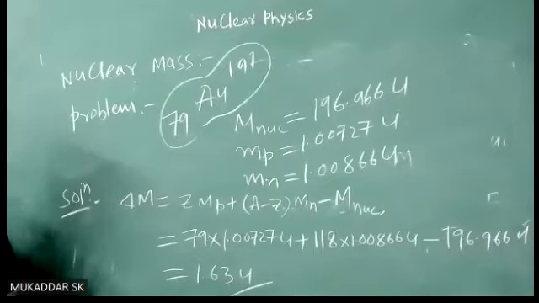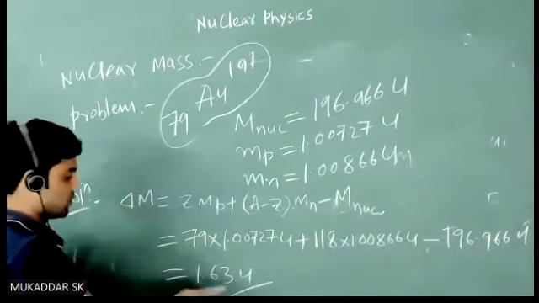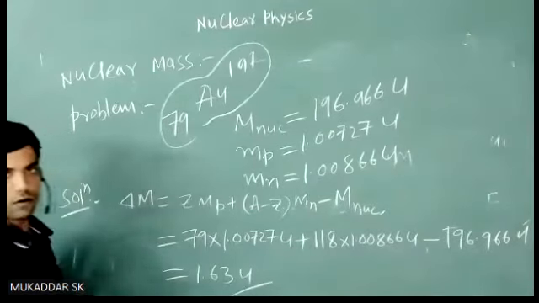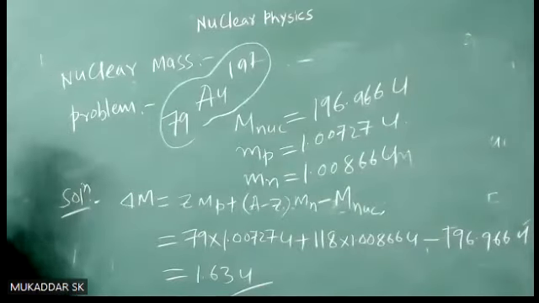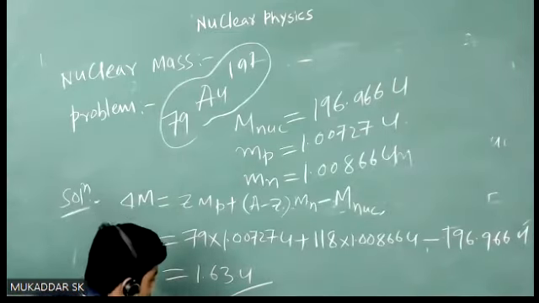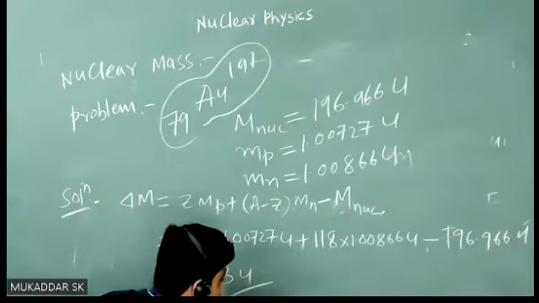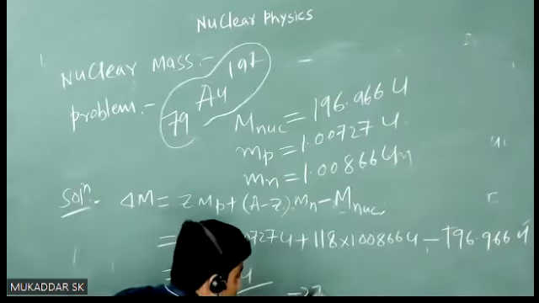Does anyone have any doubt in this? So first you got the mass defect of this nucleus in atomic mass unit, and that value is 1.63. To calculate it in kg, you have to multiply by 1.66 into 10 to the power minus 27.